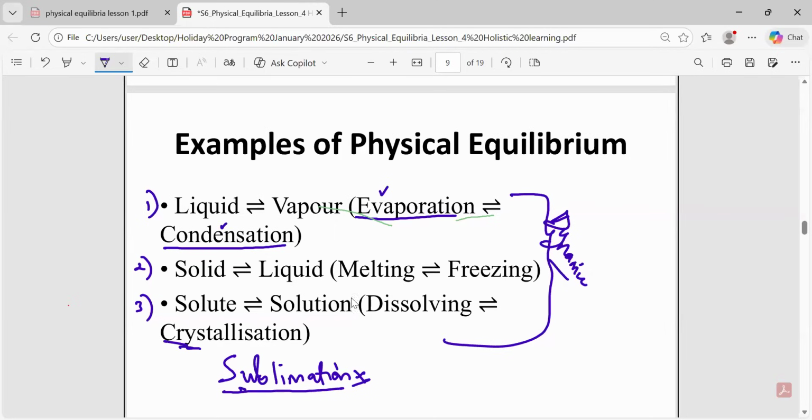You recall we are looking at examples of physical equilibrium, meaning we are looking at these phases when they are in equilibrium state. But initially, of course, when it is beginning, it is not in equilibrium, but equilibrium is achieved at a given time.